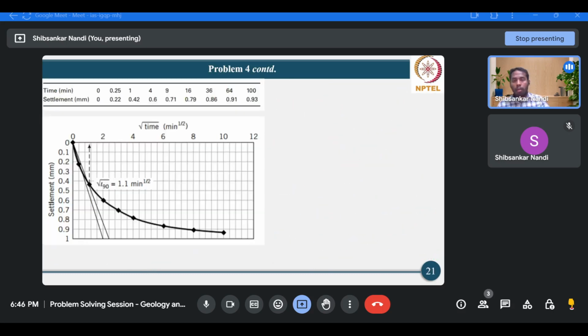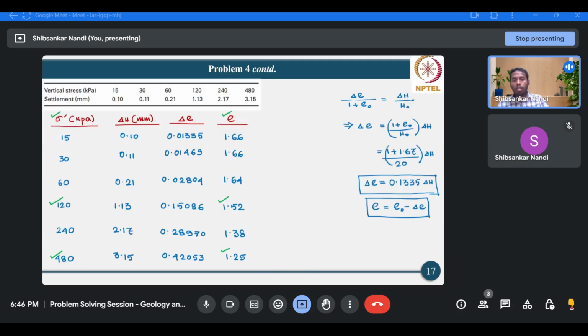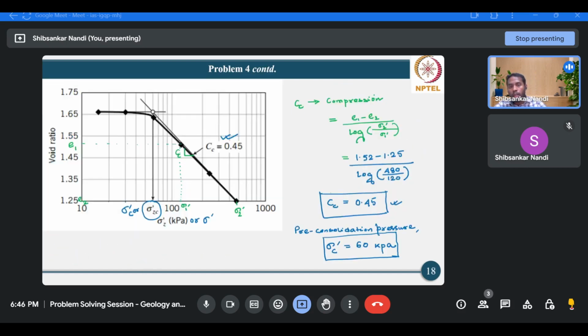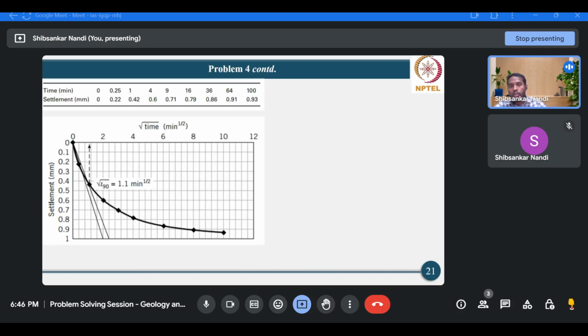Now we'll proceed to the second part, that is, calculate and plot the settlement time curve. For that we first have to calculate the coefficient of consolidation of the soil, as we can realize from the previous problems. For time rate of consolidation, this is the crucial parameter, the coefficient of consolidation.